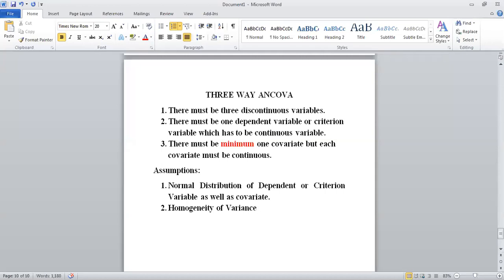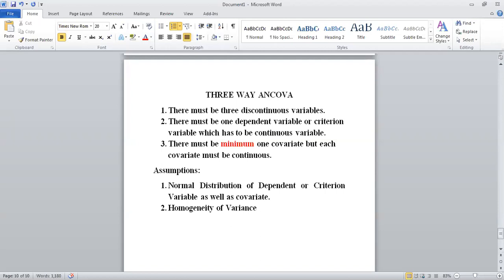Then you should think of analyzing your data with the help of some other technique which belongs to non-parametric statistics. I repeat, if your data do not fulfill the assumptions of 3-way ANCOVA, then you cannot analyze your data with it. In that case, you can use non-parametric statistics.